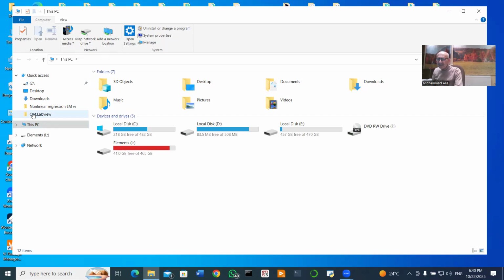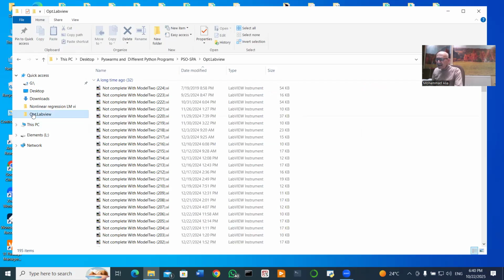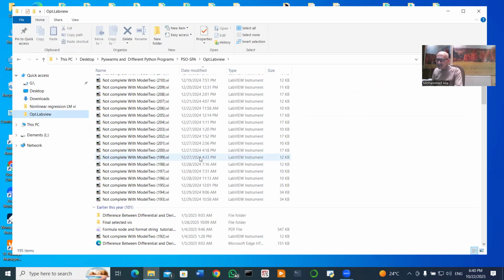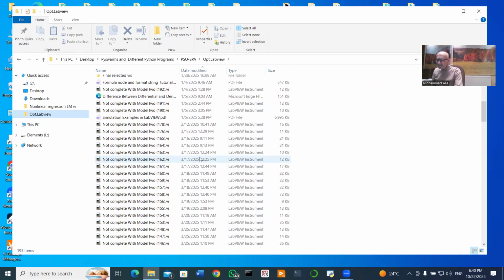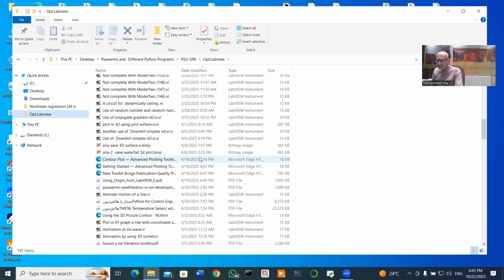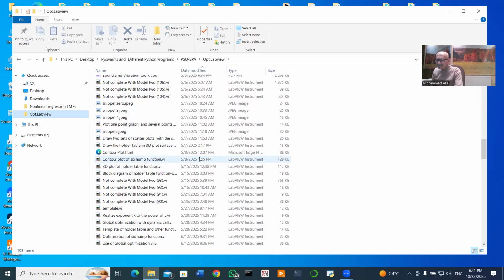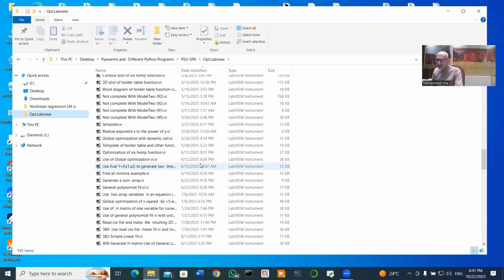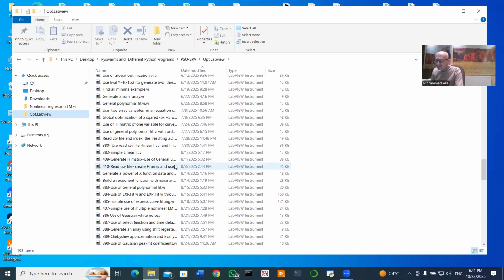Why have I done that? Really, it is always necessary, for many reasons, to convert data from Python to LabVIEW or from LabVIEW to Python.